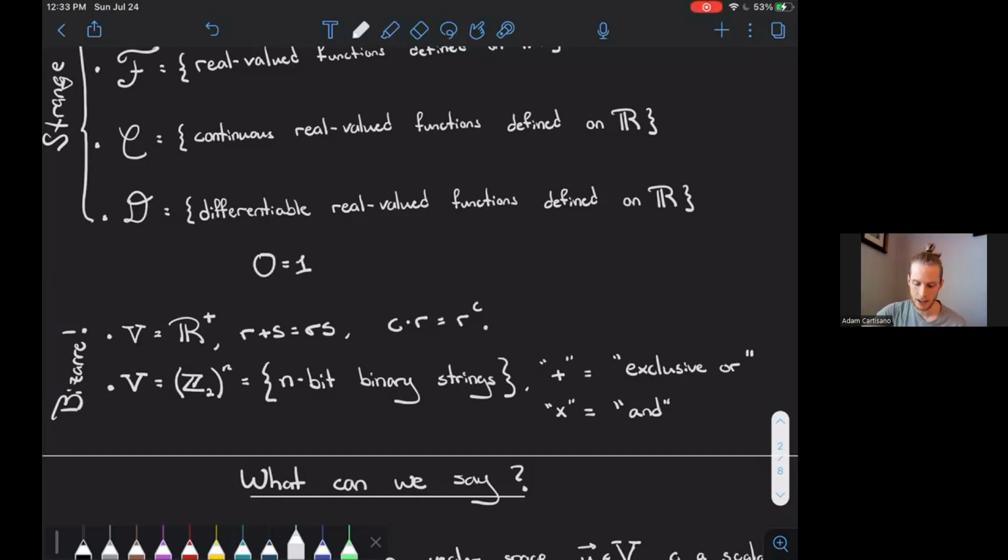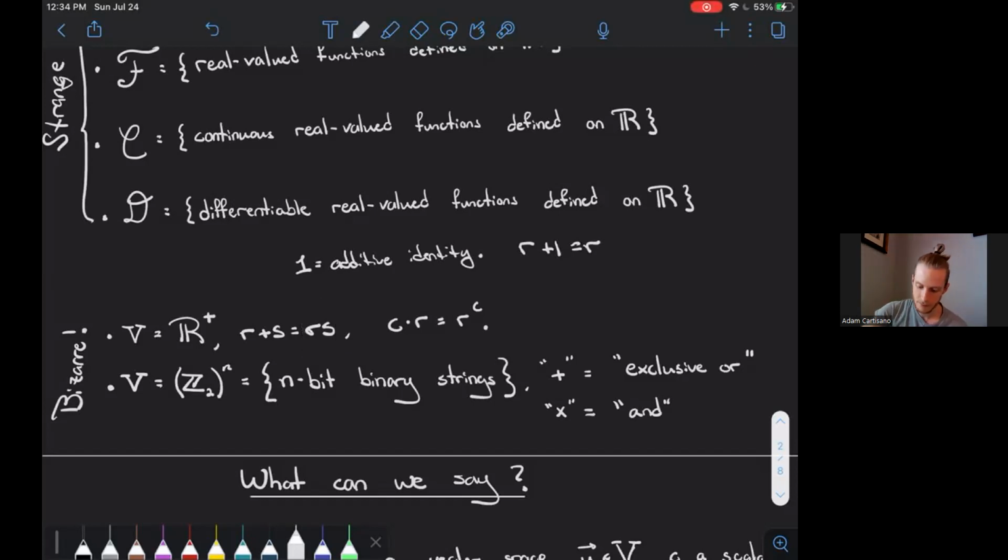The additive identity is 1, because r plus 1 equals r. For any vector r in this vector space V, r plus 1 equals r.